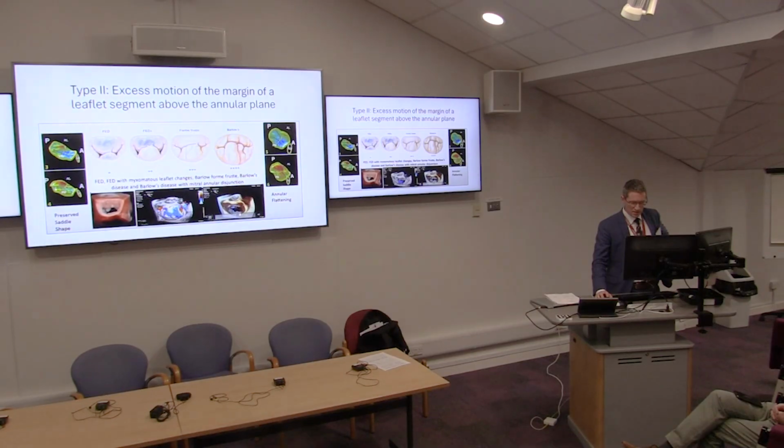This is a fairly nice example of a P2 prolapse with a flail segment. And you can see there's probably also prolapse involving part of P3, but the flail is in P2, that's where your money is. And there's clearly a lot of mitral regurgitation, and that will be directed anteriorly. Alongside that, loss of saddle shape and annular flattening.